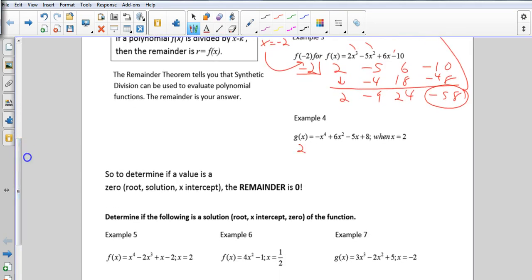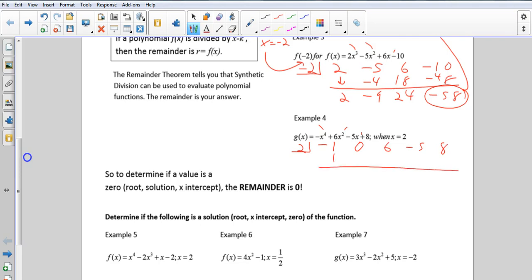So, we're going to do 2 here. Now notice, we have our 4, 2, 1, and none, but we're missing a cubic. So what we're going to do is put -1 for our quartic. We're going to put a 0 in for our cubic. 6 for our square, negative 5, and 8.